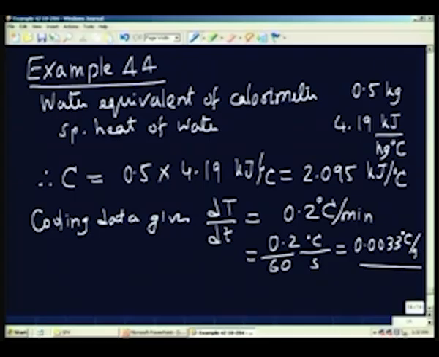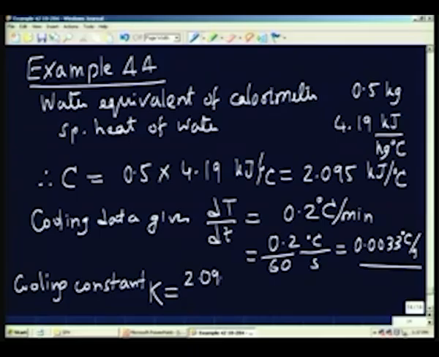So, the cooling constant I can obtain, this is what we discussed a little while ago. This is your capital K, this will be C dT by dt, therefore 2.095 multiplied by 0.0033 divided by T minus T1.